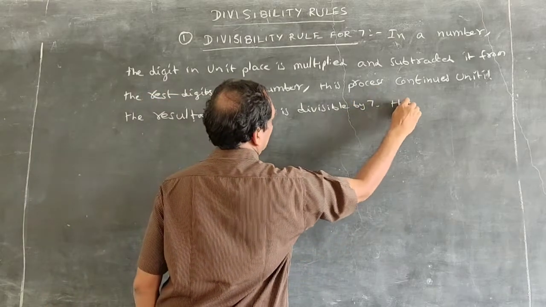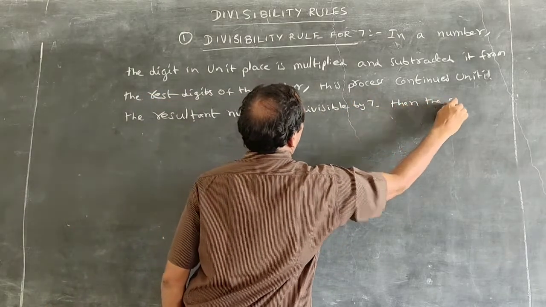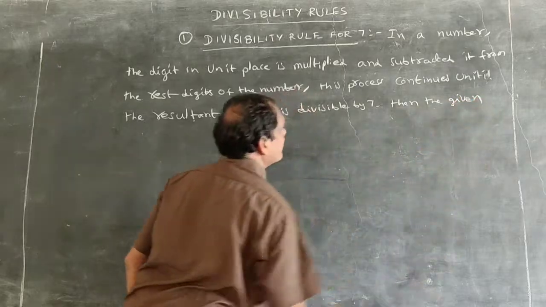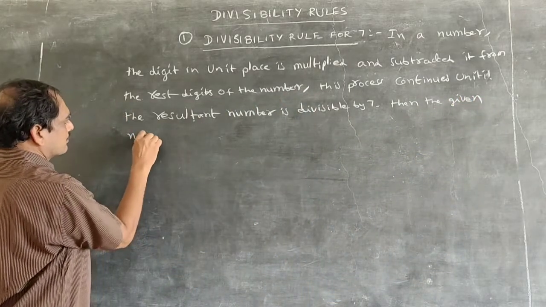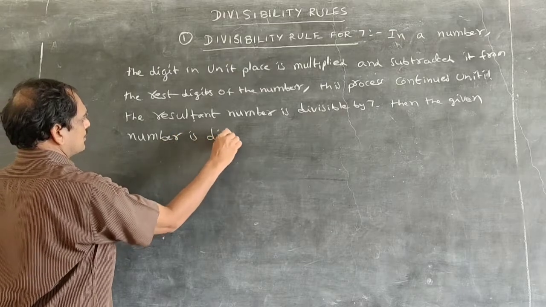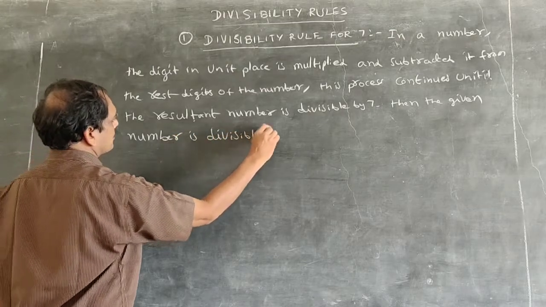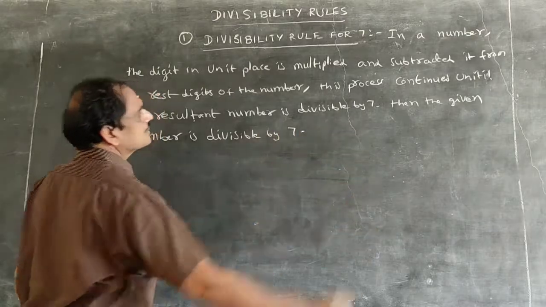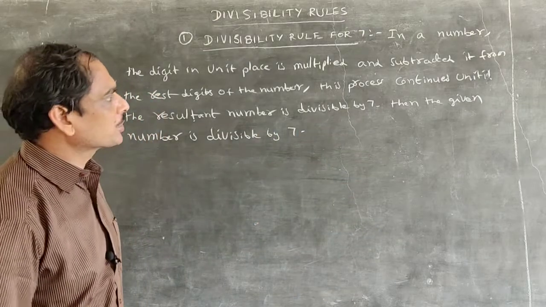Then the given number is divisible by 7. This is the basic rule.